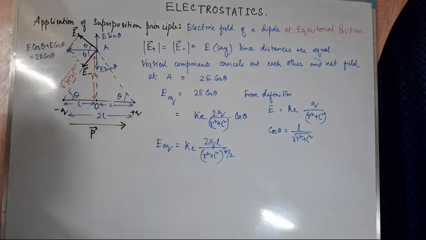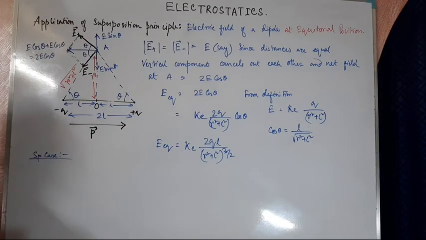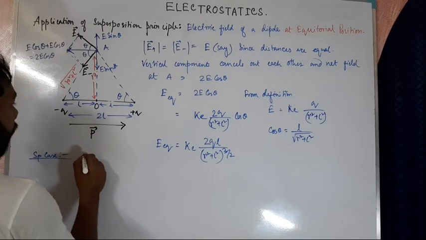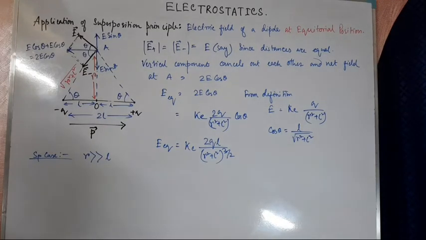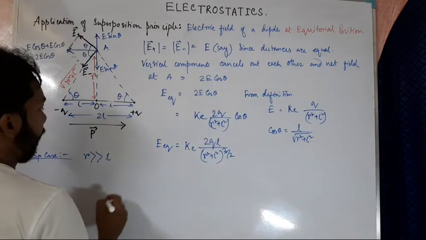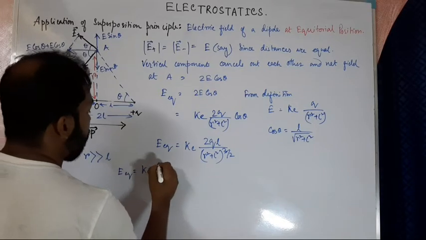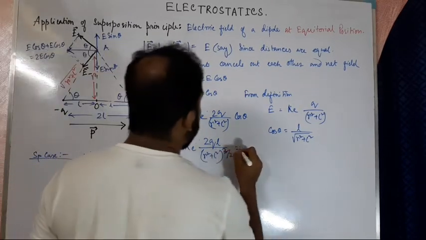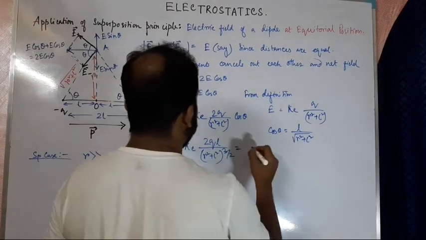Now applying the special condition, and the condition for the dipole is very obvious, that R is much greater than L, since a dipole has a very small length. So putting this limitation, we have E equatorial equals Ke 2QL. Now this 2QL has a significance. It is the dipole moment, already learned previously.